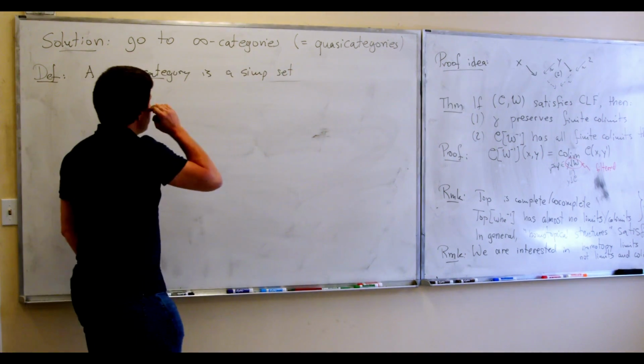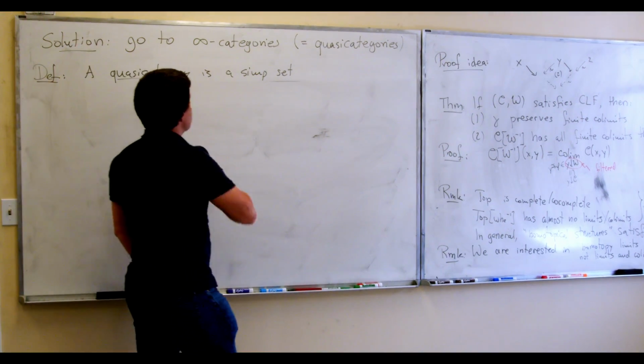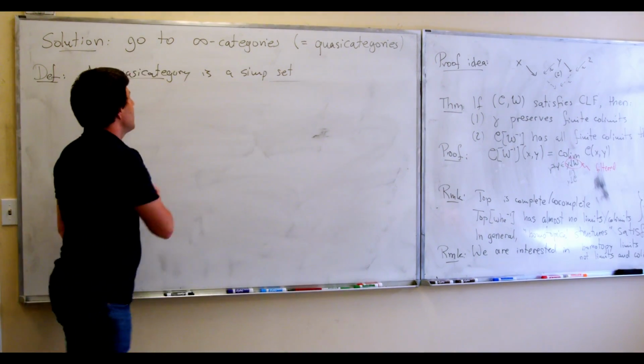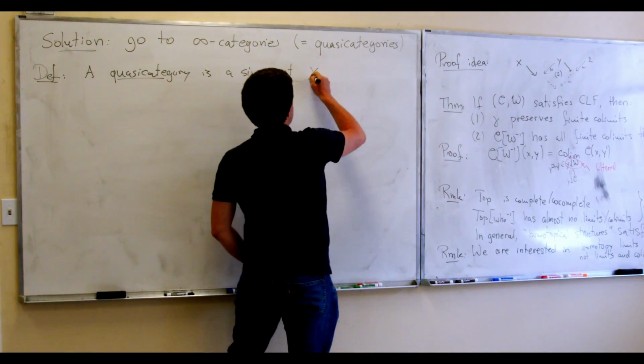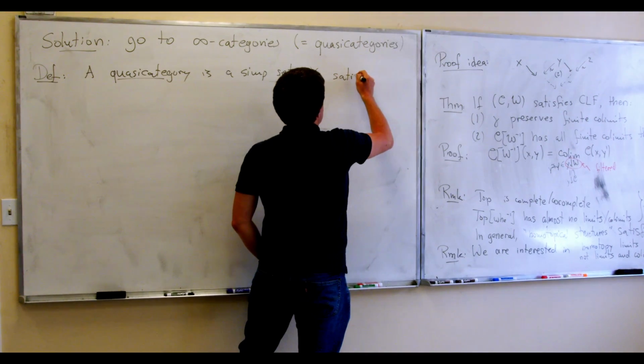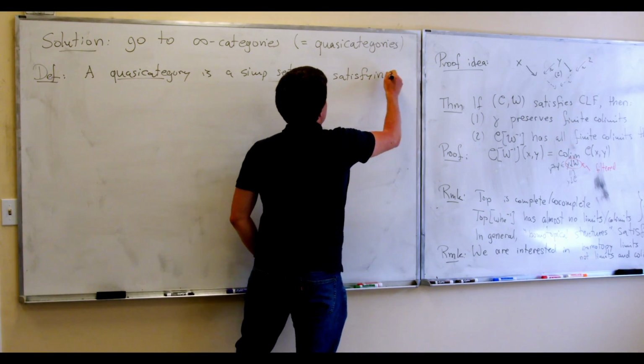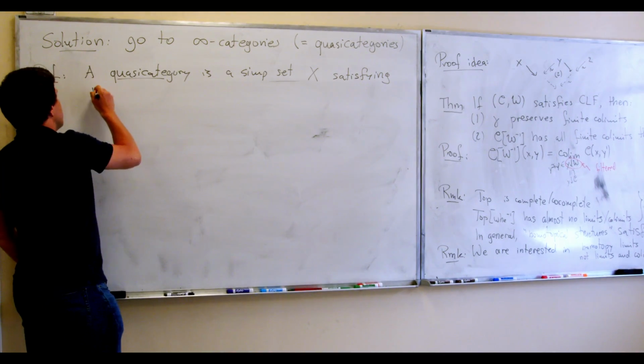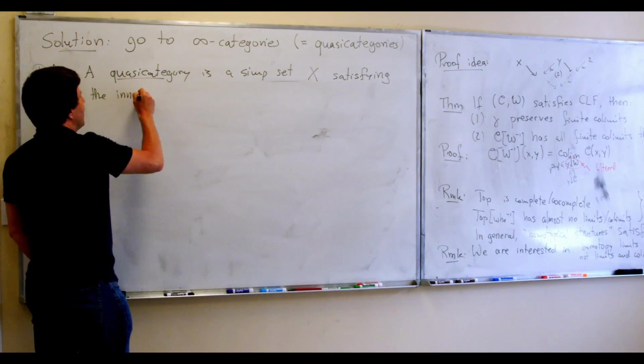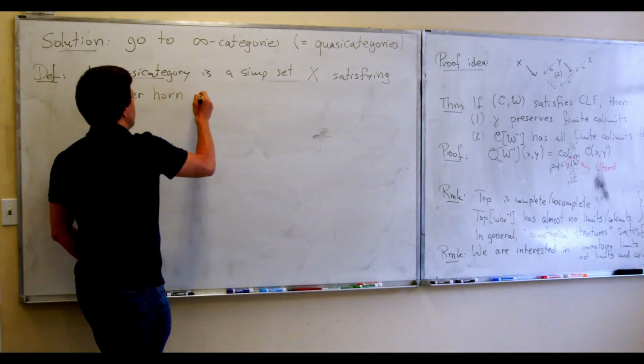I don't know if you often see simplicial sets defined without talking about quasi-categories, but just in case it helps, let's fix our notation satisfying the inner horn filling.